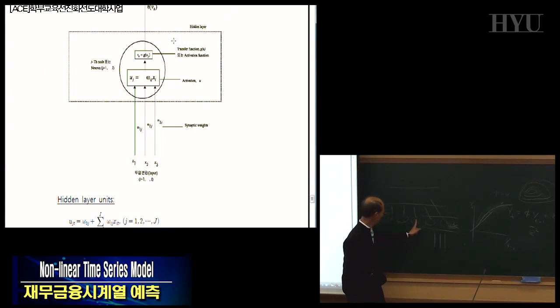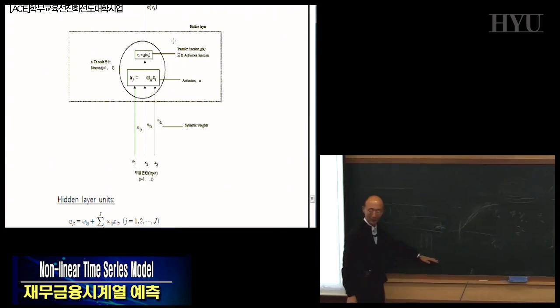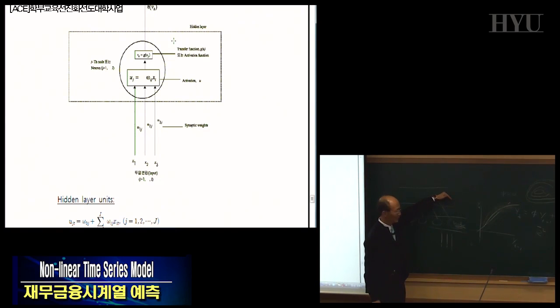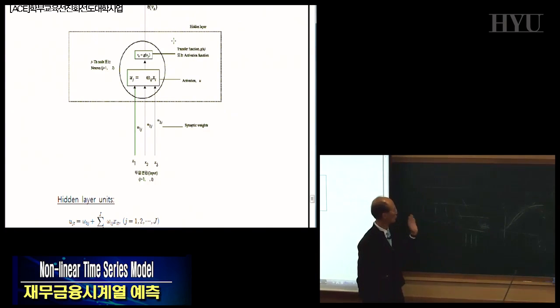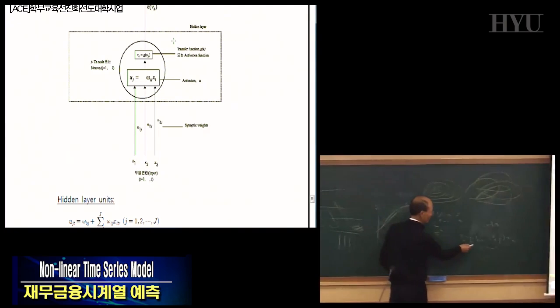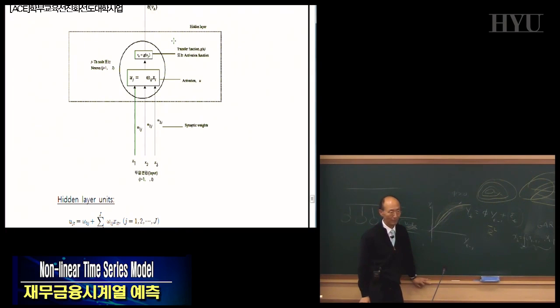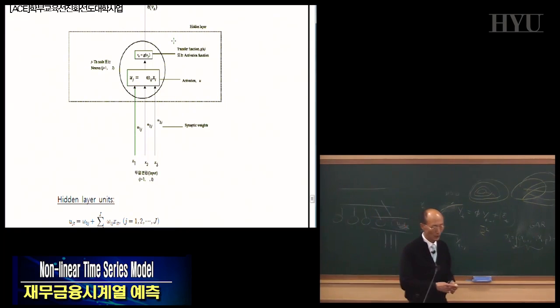Introducing how many of them? 3, 5, 10. How many of this? One layer or two layer? We don't know. But if you happen to choose the right number, then you can create very smooth function for y. Very smooth function.